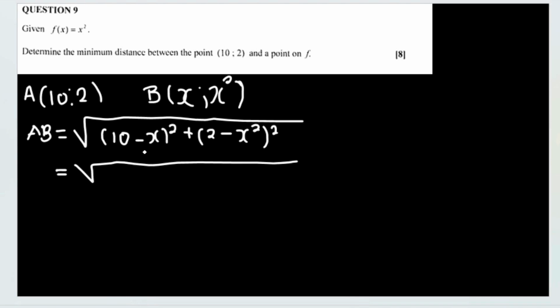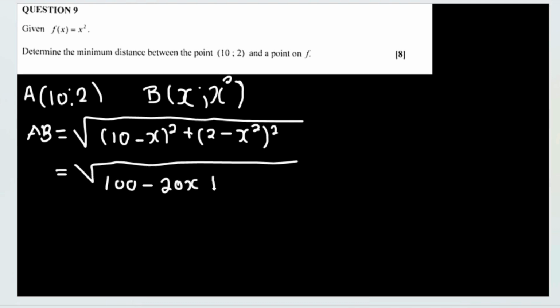The product simplification of this one. If you don't know how to simplify this product, I suggest that you watch another video of mine explaining, in grade 10, the expanding of binomial terms. This is just 100 minus, I multiply x with 10 and with 2, I get 20x.